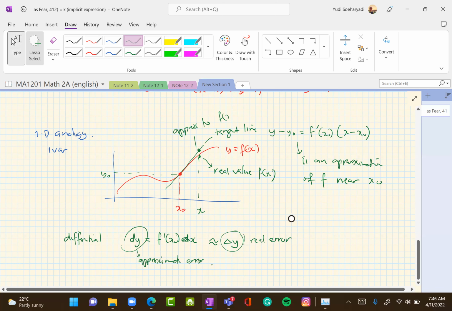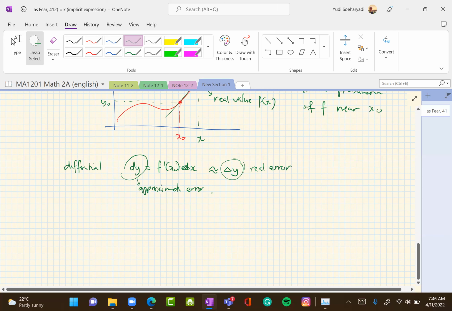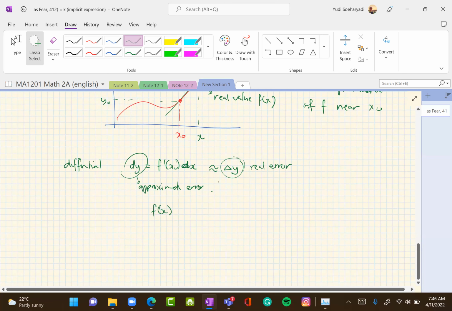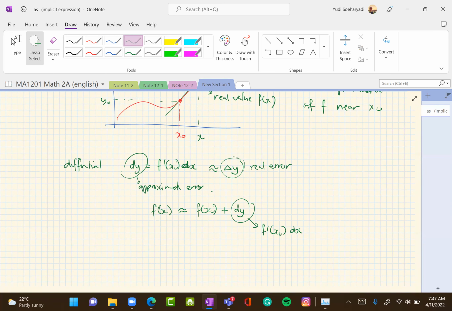So f of x is approximated by f of x naught plus dy. So how do we measure that one?